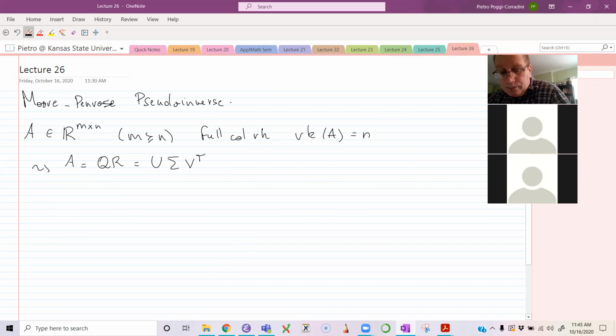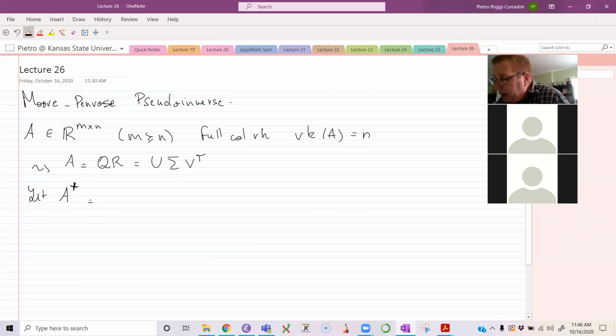The pseudo-inverse is sometimes denoted with a plus or a dagger. In older texts, they have a dagger. I think more recently, plus has been more common.